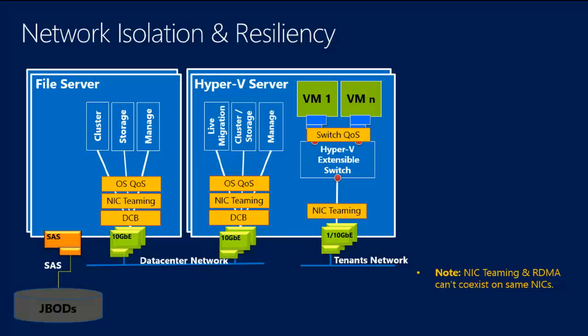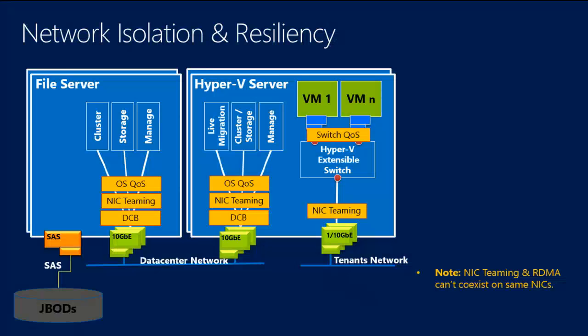On the network and resiliency fronts, really you had the features for DCB that can help you do offloading of QoS policies here. You can have NIC teaming. You can have the QoS to guarantee different minimum and maximum bandwidth for different traffic flows.